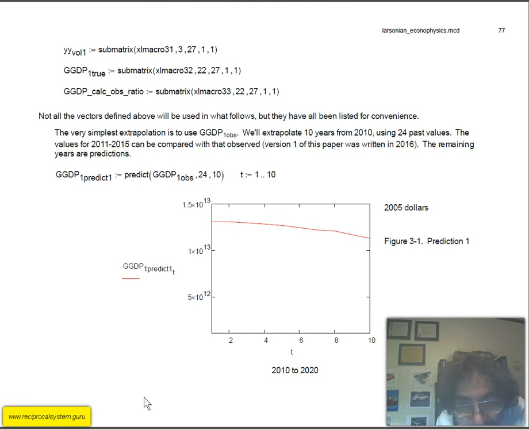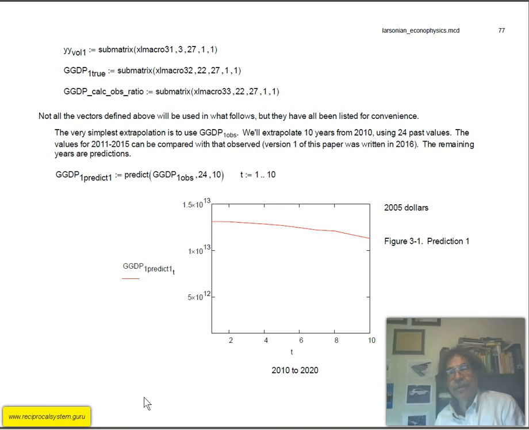GDP sub 1 observed. And I noticed that I have to double the value because that's what MathCAD requires. It would get confused if I used just GDP sub 1 observed. We'll extrapolate 10 years from 2010, so it brings it up to 2020. But of course, this does not include any shocks to the system, such as the COVID virus, so keep that in mind.